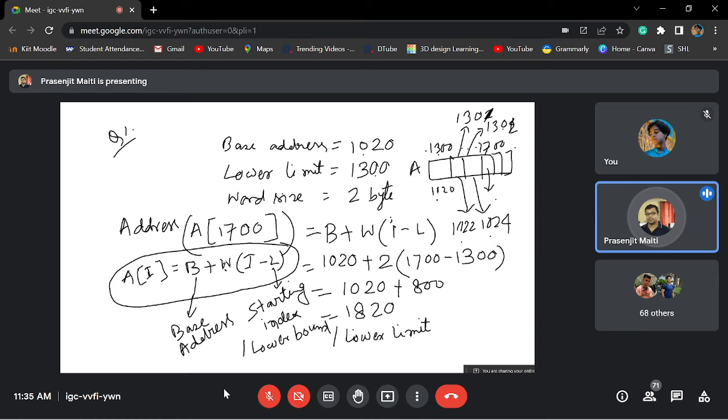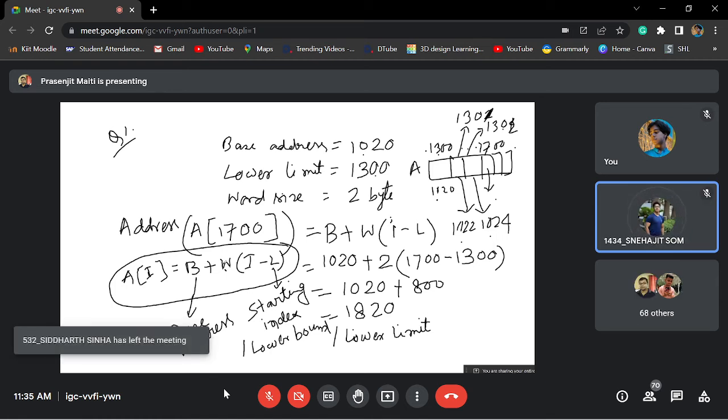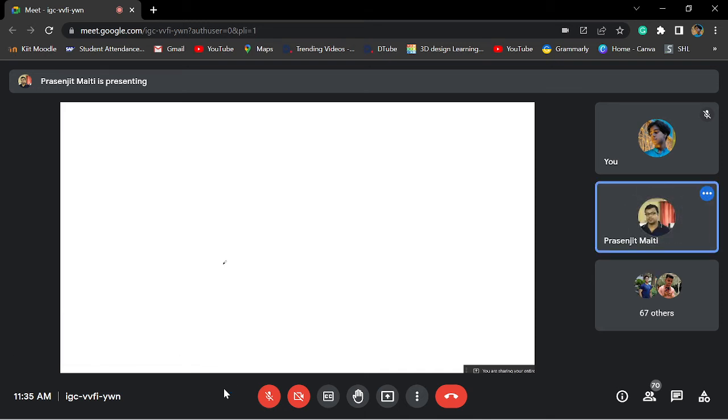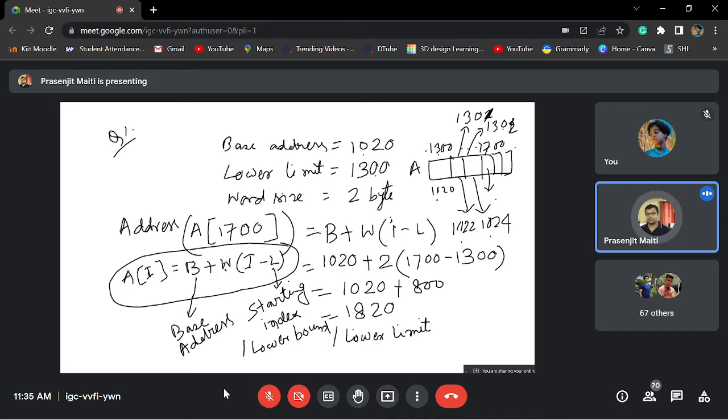Is it clear to everyone? Yes, sir. Okay. So this type of question may come, where the base address is given, the starting index is given, and the word size is given, and you must find the address of any particular index.